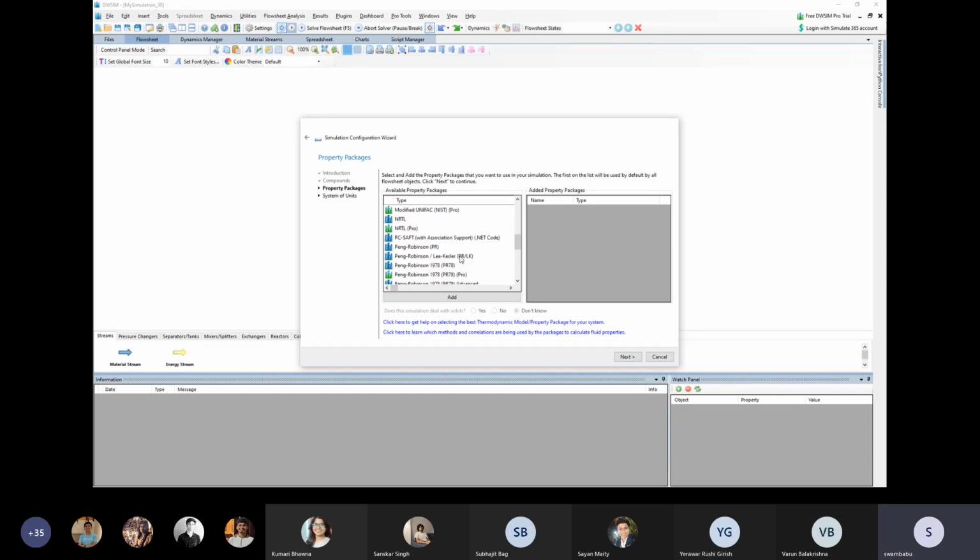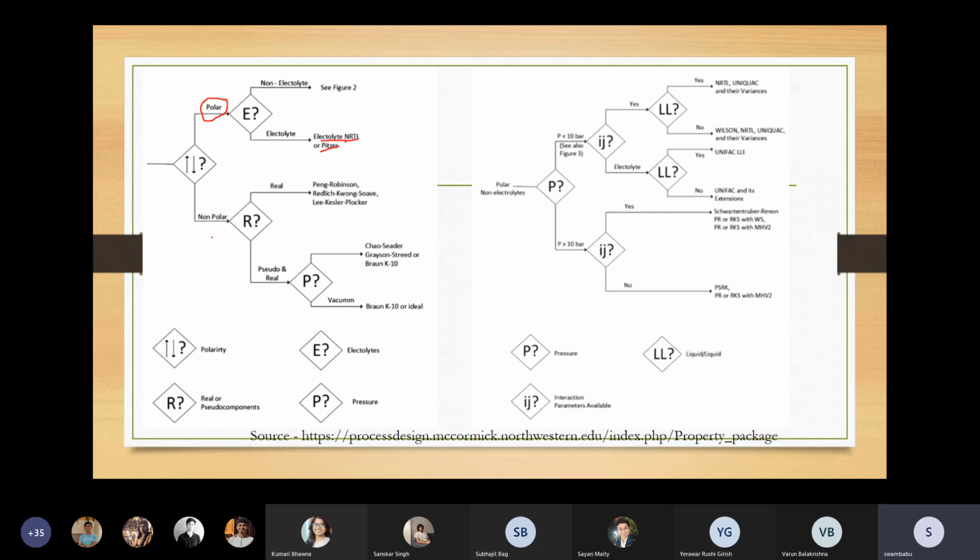Now, if it is a non-polar component, and it behaves like a real, non-ideal component, then we can use Peng-Robinson, or RK, SRK, Redlich-Kwong, Soave, or Lee-Kesler.